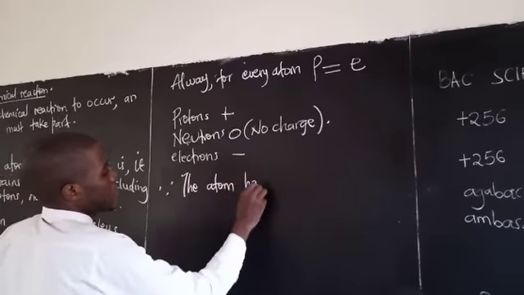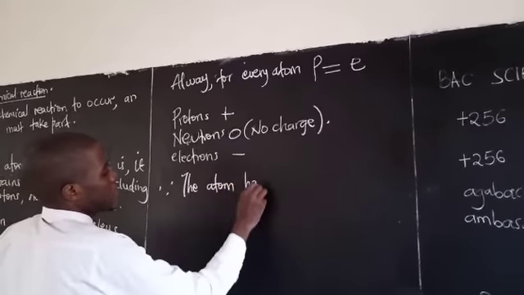How can I make this in simpler English? We shall always say that an atom is neutral. An atom is always neutral. Why is it neutral? Yet it contains protons that are positive and it contains electrons that are negative.